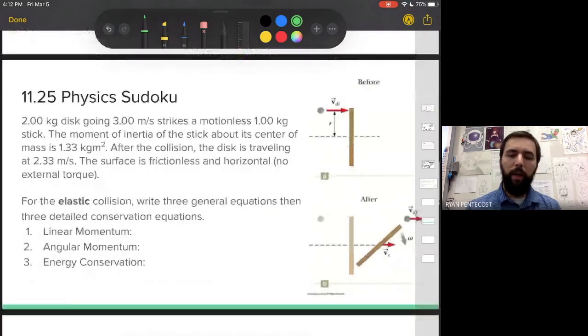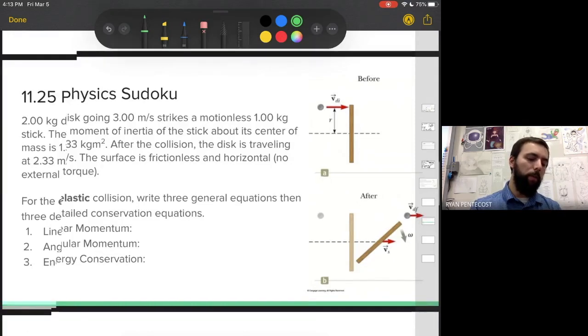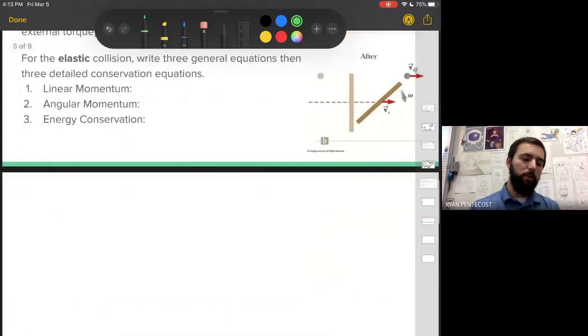As you can see in that after image down there, it continues in a straight direction. The surface is frictionless and horizontal with no external torque. Now, for the elastic collision shown, write 3 general equations and 3 detailed equations for conservation. So we'll do linear momentum, angular momentum, and energy conservation.